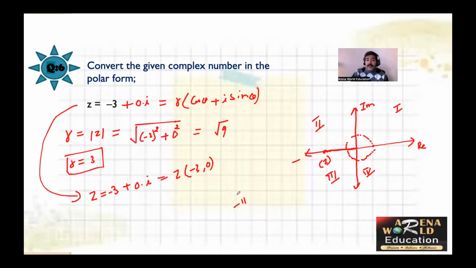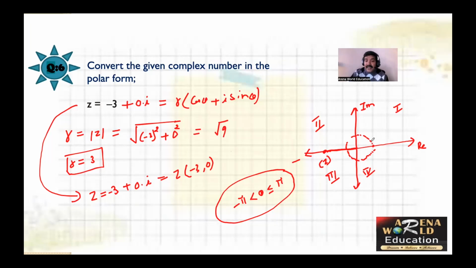Range is what? Minus pi is less than theta, is less than or equal to positive pi. Whenever we have to choose minus pi and pi, you can see minus pi is not included. Theta can never be equal to minus pi, but theta can be equal to pi.